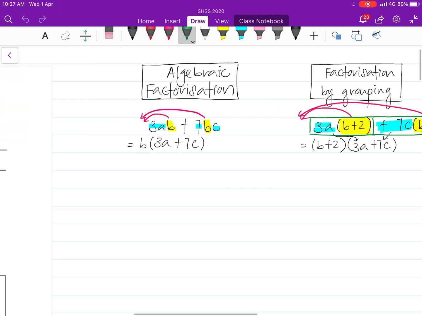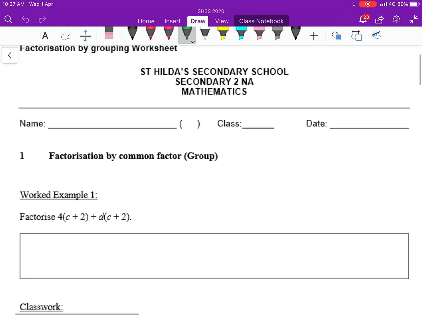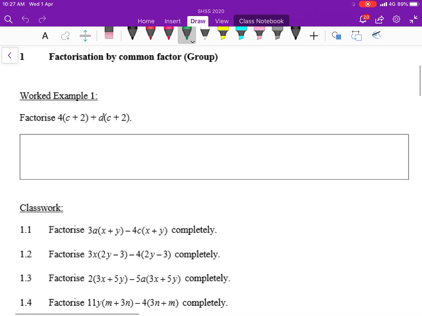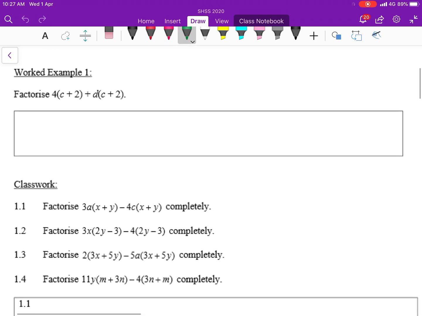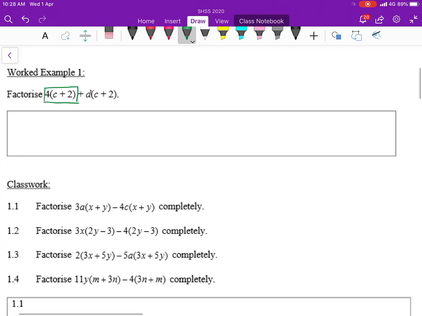Now, if you were to take a look at the worksheet that we have passed you yesterday, work example number 1, factorize 4 bracket c plus 2 plus d bracket c plus 2. Let's take a look at these two terms here. You realize that the common factor is c plus 2.